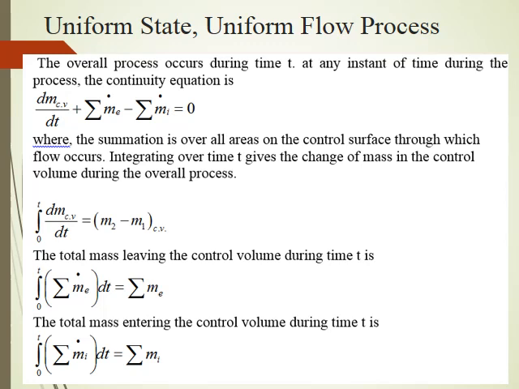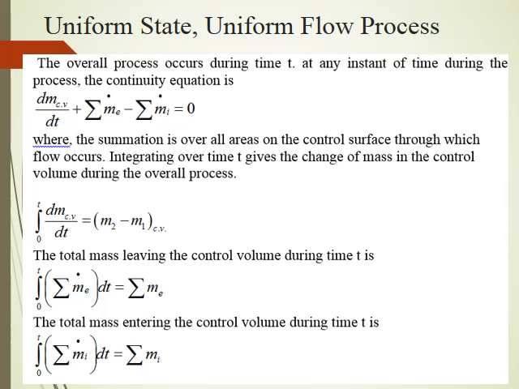So we are basically integrating dm_cv/dt from time 0 to t, for the time interval during which the process is occurring, whether it is the charging of any rigid vessel or inflation of tires or any other process which comes under the aegis of uniform state uniform flow process.